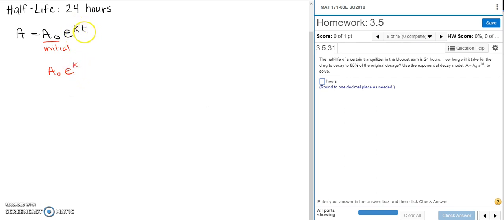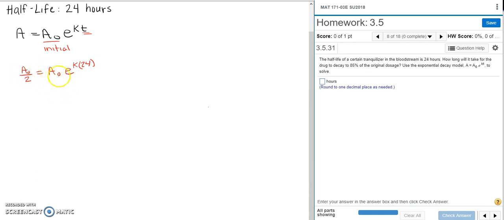But they did tell us in 24 hours, we will end up with half of whatever we started with. But again, we don't know what we started with. So the way we write this is the amount we started with divided by 2.